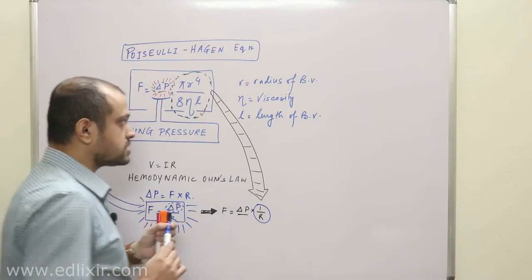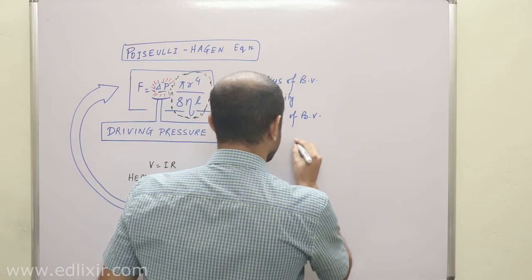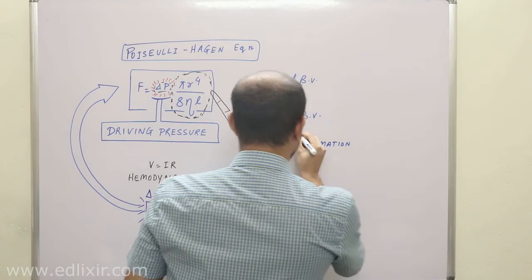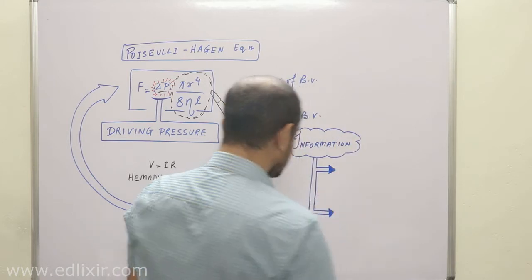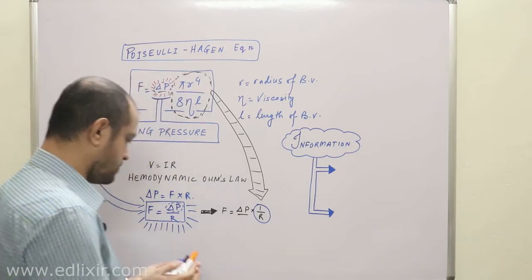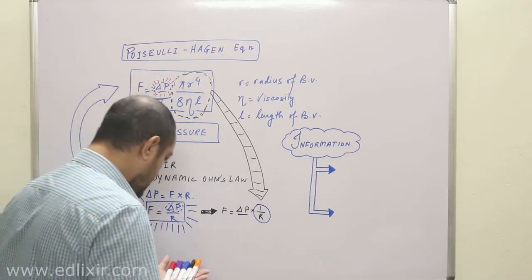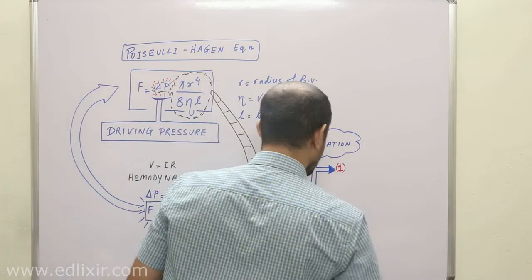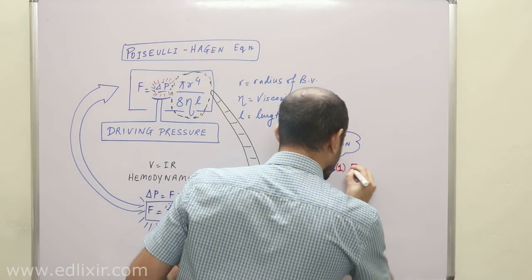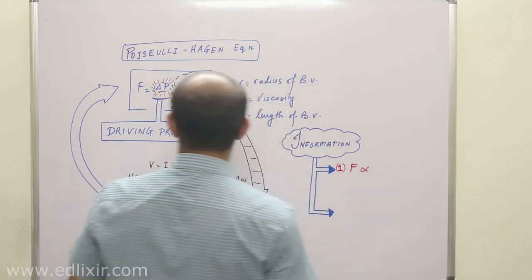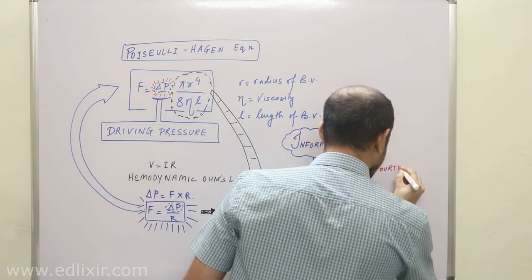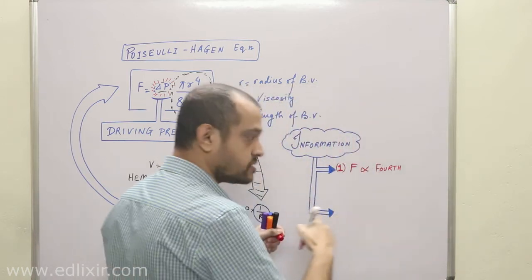There are actually two sets of information we are getting from this Poiseuille-Hagen formula or equation. Number one: the blood flow, or the flow of any fluid, is directly proportional to the fourth power of the radius of the blood vessel or any vessel through which this fluid is flowing.